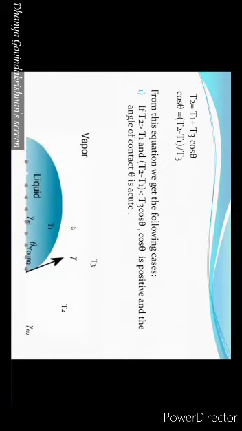First case, T2 is greater than T1. What was T2? The surface tension between air and solid. It is greater than T1, that is surface tension between solid and liquid. Look at the diagram here.